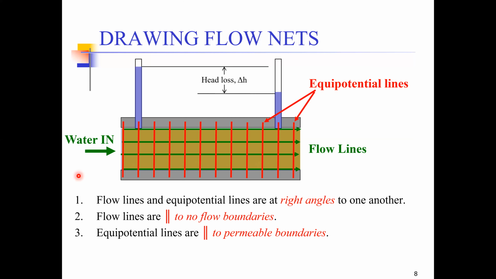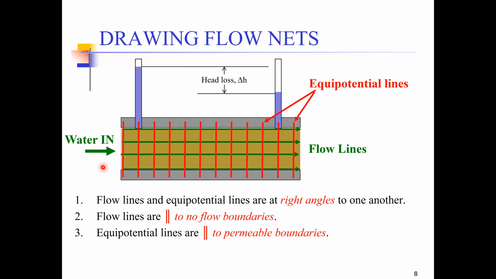The third principle is that the equipotential lines are parallel to the permeable boundaries. So the question is, what do we mean by the permeable boundaries? This was the no flow boundary, and so was this one. These were the no flow boundaries. For a permeable boundary, you can see this end, and this end represents the permeable boundaries.